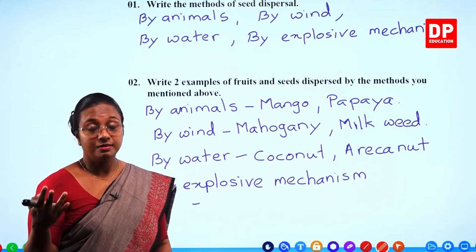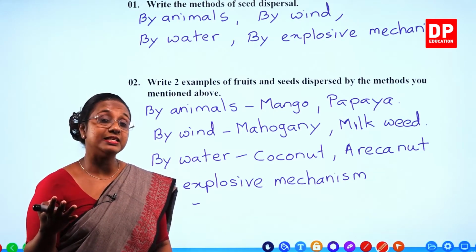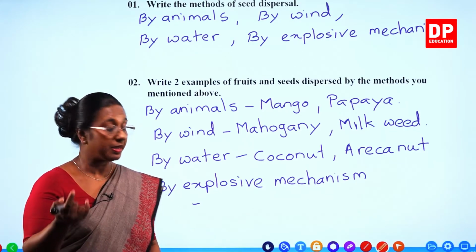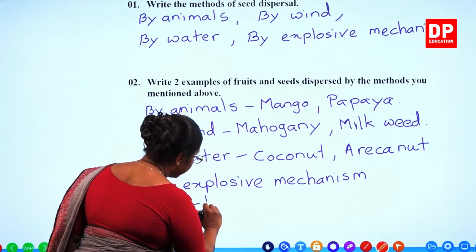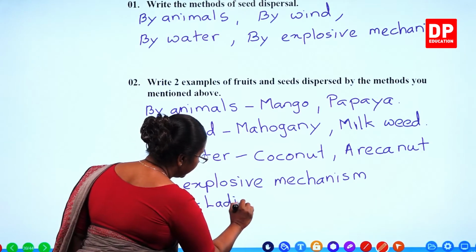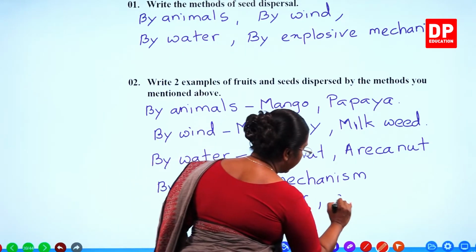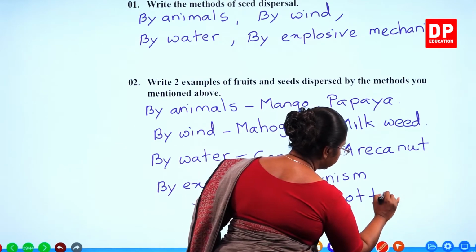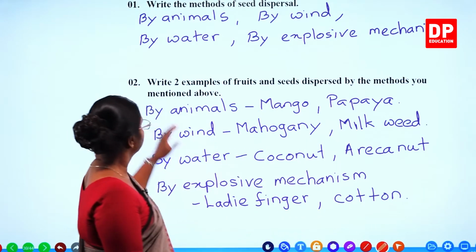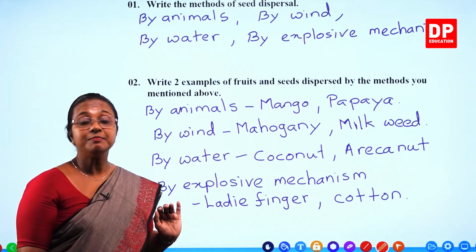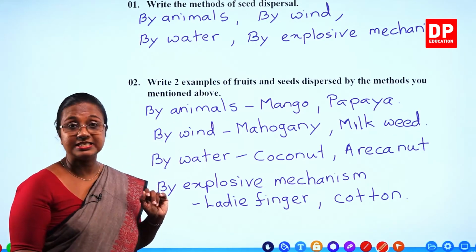They all get dispersed, the seeds get dispersed by explosive mechanism. So examples, lady's finger and cotton. So these are all different methods by which fruits and seeds are dispersed.